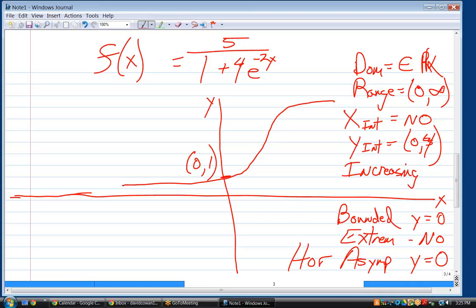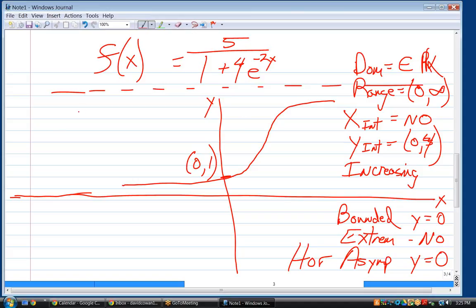Logistic functions, as I said, start out looking like exponential functions, and then they level off to a horizontal asymptote that they don't go above. This is a logistic function.